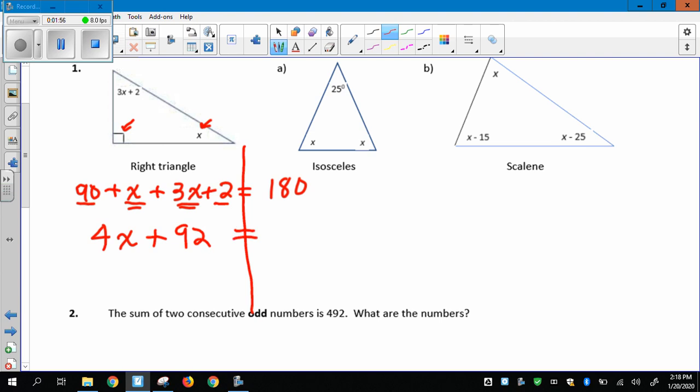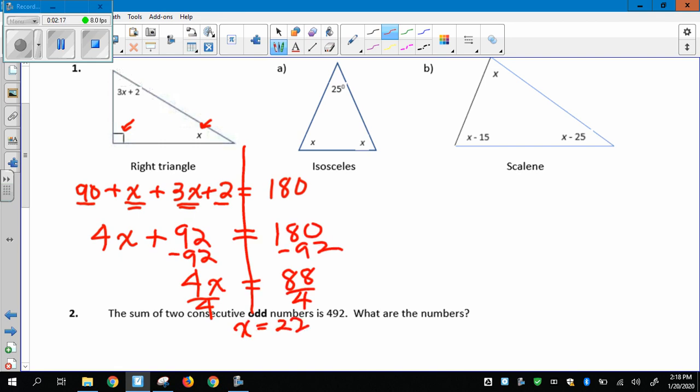Combining those, I get 92 equals 180. I'm going to go ahead and subtract 92 from both sides to make my equation simpler. Now I have 4 times x equals 88. Then I'm going to divide by 4 to get 1x, and that's equal to 22. So 22 degrees is this little angle right here.